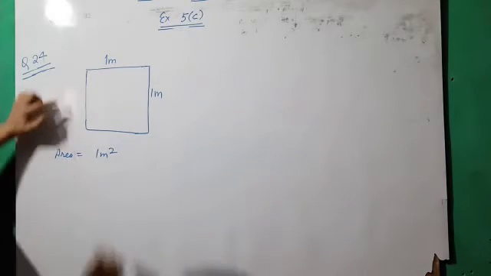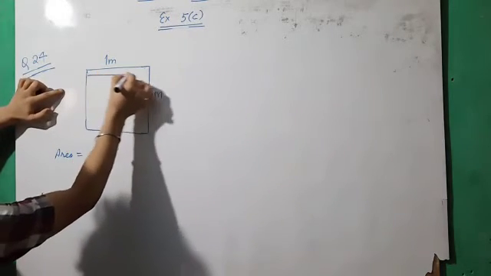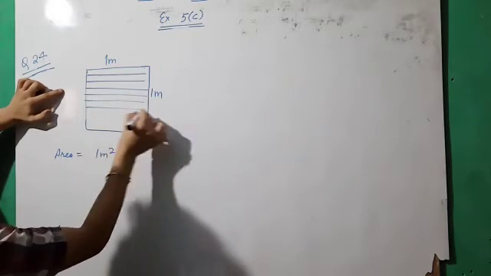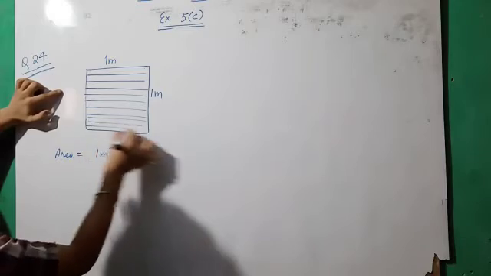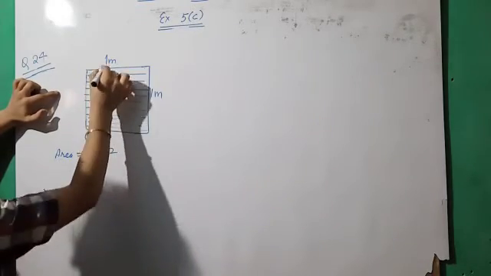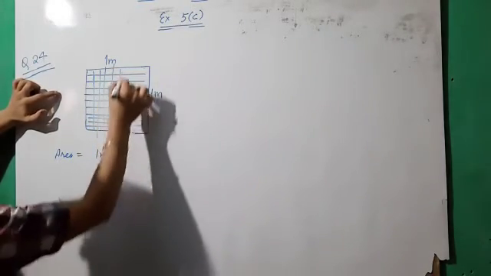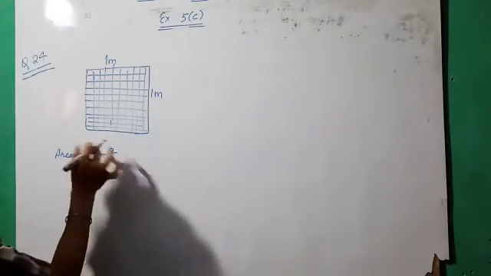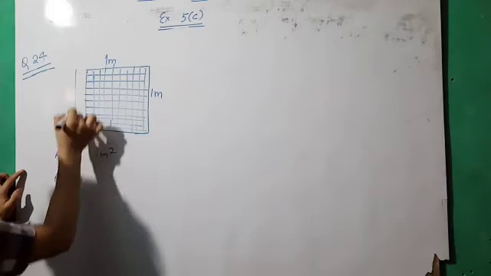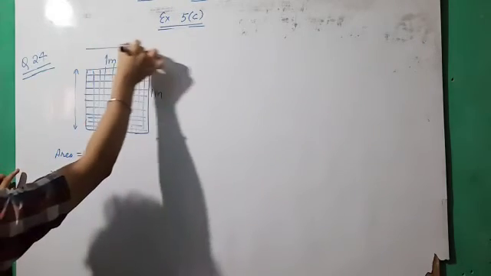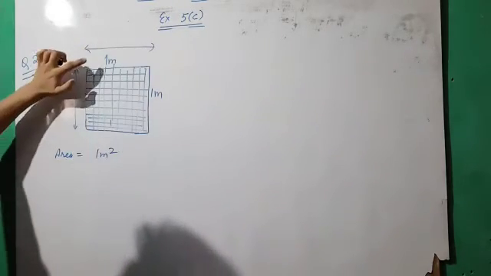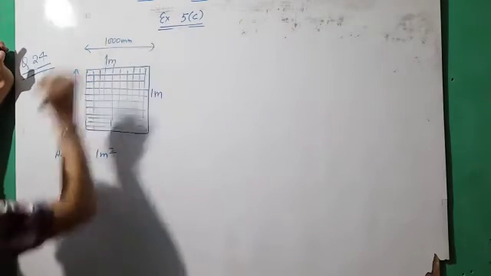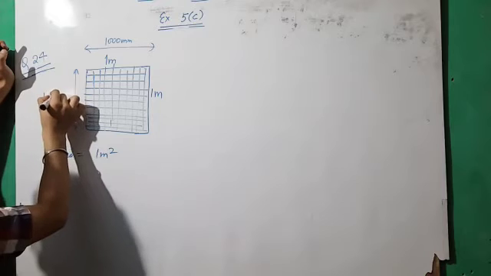Here we have to make partitions of this square in the form of millimeters. So we have 1000 partitions along this side and 1000 along this side, because 1 meter equals 1000 millimeters. So we have 1000 parts here and 1000 parts here.